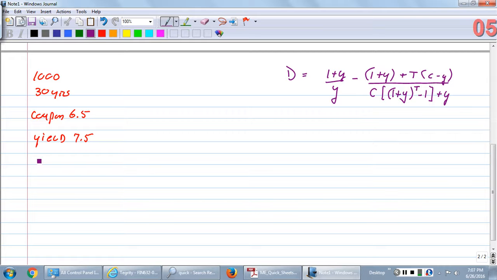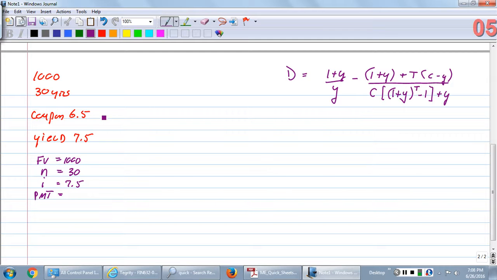So let's plug in our inputs here. We're going to say future value is equal to 1,000. N is equal to 30. Our interest rate is 7.5 because we're pricing this bond in a 7.5% rate environment.